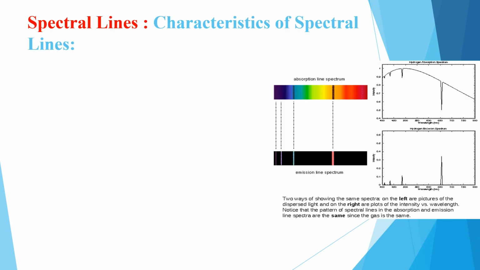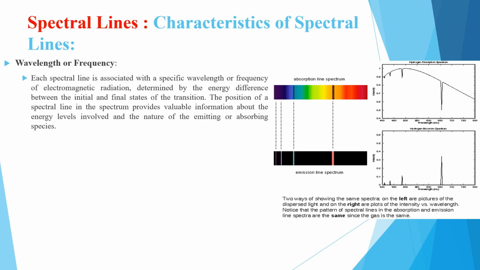Characteristics of spectral lines. One of the main characteristics of spectral lines is wavelength and frequency. Each spectral line is associated with a specific wavelength or frequency of electromagnetic radiation, determined by the energy difference between the initial and the final state of the transition.